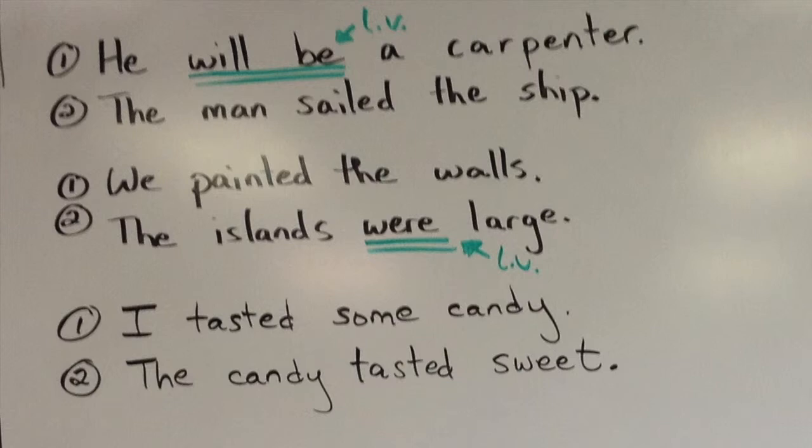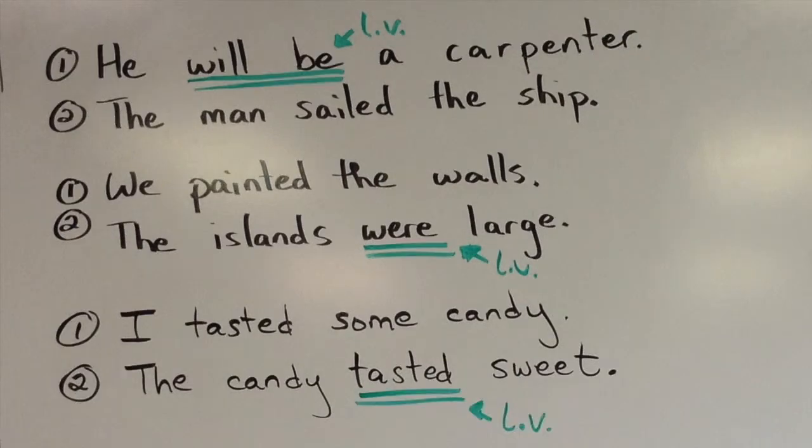Hopefully, after pausing and guessing, you knew that the second verb tasted, as in the candy tasted sweet, was a linking verb. In the first sentence, tasted is not a linking verb because I and candy are not the same thing. In the second sentence, sweet describes the candy, and so in the second sentence, tasted is a linking verb.